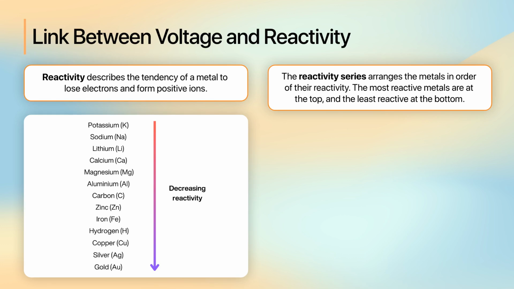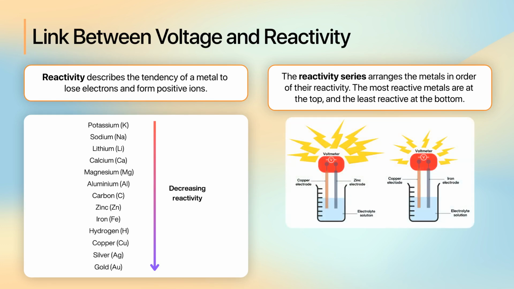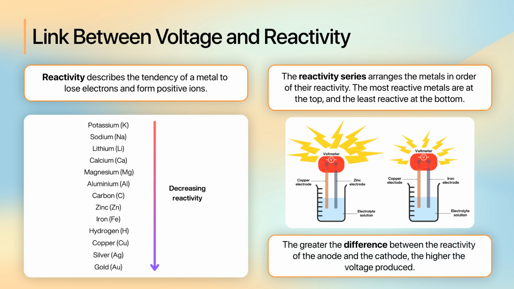We then discussed how placing a more reactive metal as the anode and a less reactive metal as the cathode creates an electrical current due to electron flow from the anode to the cathode. The greater the difference in reactivity between the two metals, the higher the voltage produced. By understanding these principles, we can predict which metal combinations will produce higher voltages, aiding in both theoretical studies and practical applications like battery design.